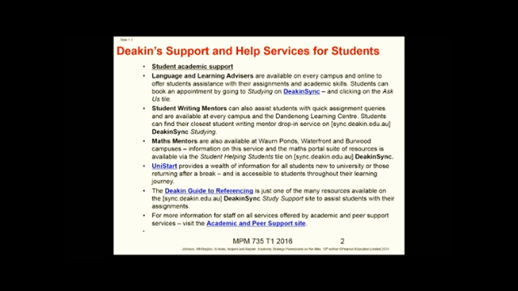Deakin, like most Australian, well, I think all Australian universities, offers a wide range of support services. Some of these are academic and some are non-academic. This screen shows some of the student academic support services. There are language and learning advisors available to assist people who are having difficulty coping with the English language needs of the course.